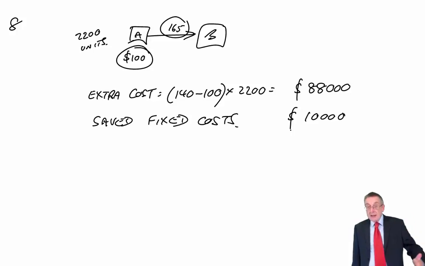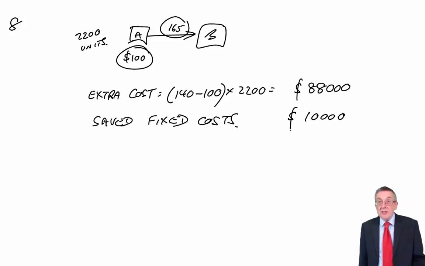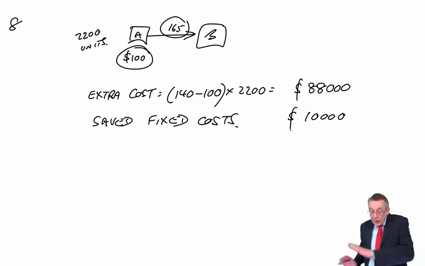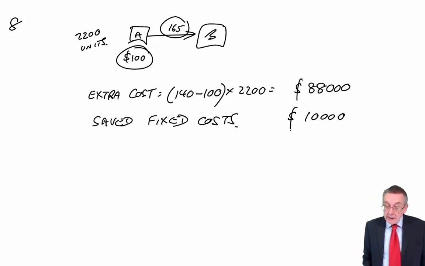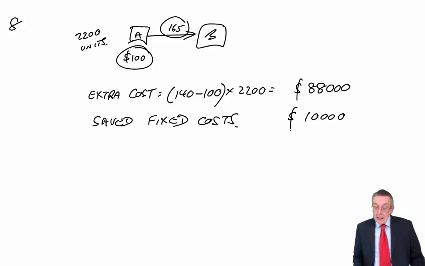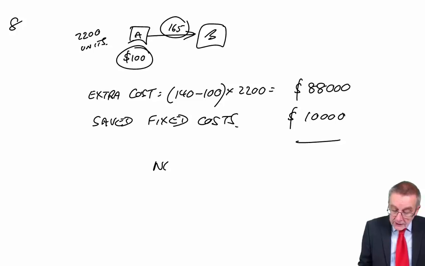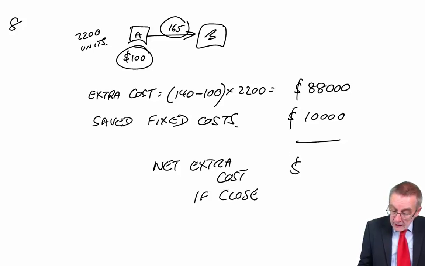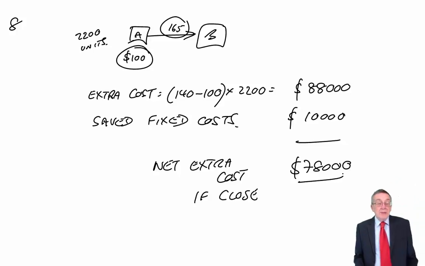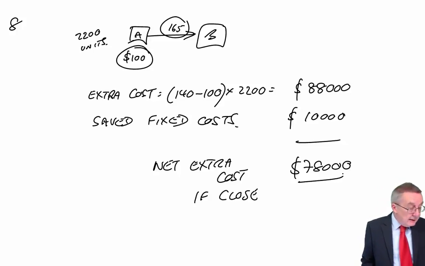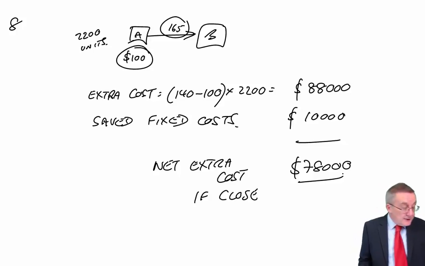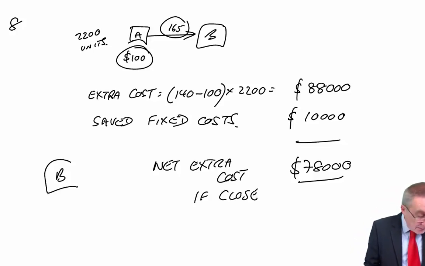Units currently cost 100, in the future will cost 140. So on the one hand, we'll lose 88,000, but on the other hand, we'll save 10,000. And so there's a net extra cost if we close of 78,000. And of course, if there's an extra cost of 78,000, that will reduce profits. The answer, therefore, is B.